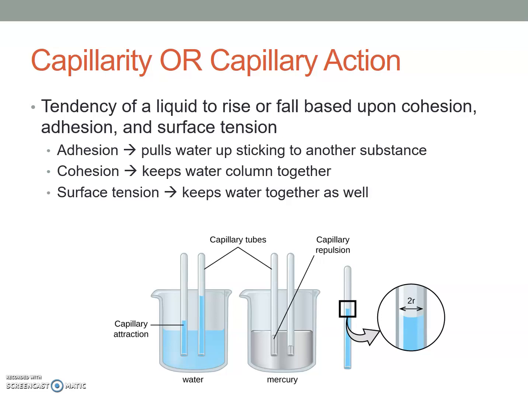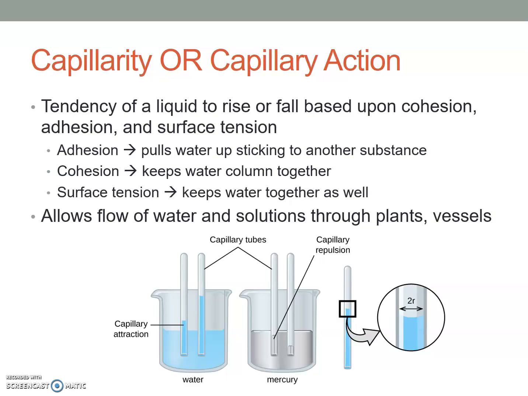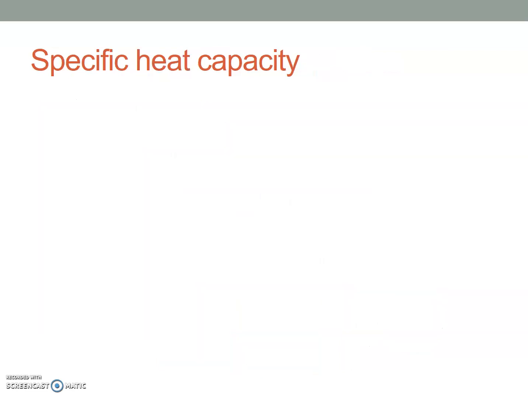This example just shows water versus mercury. Mercury sticks to itself really well, but it doesn't stick to other things very well. Capillary action allows the flow of water and solutions through plants and different vessels.